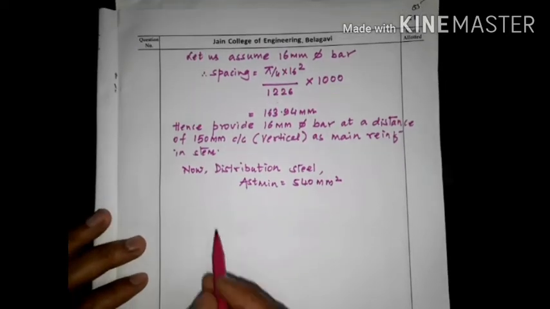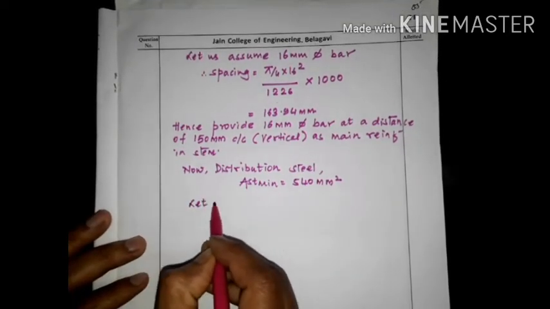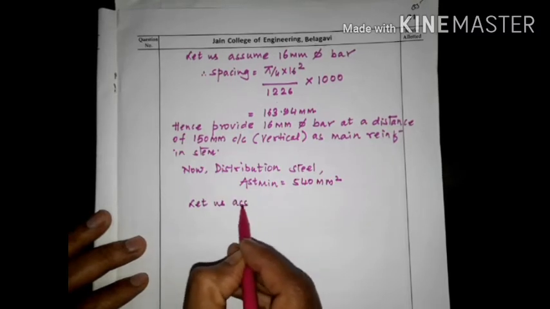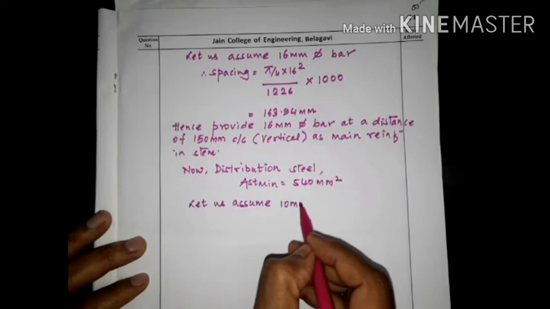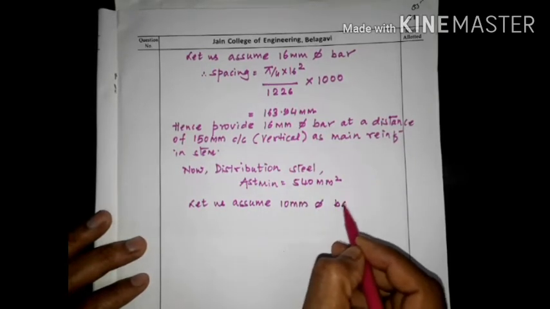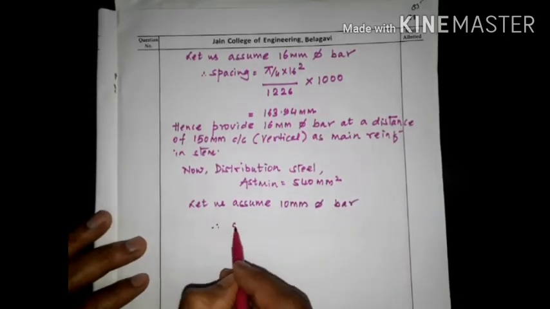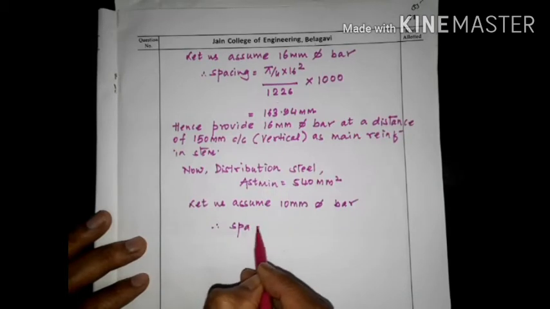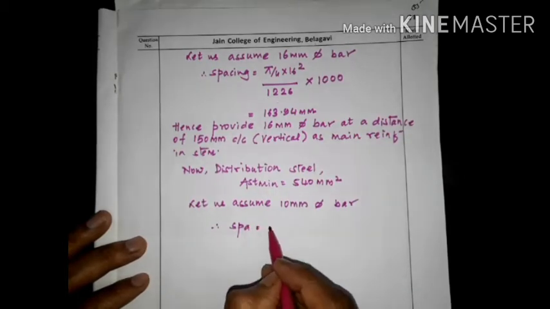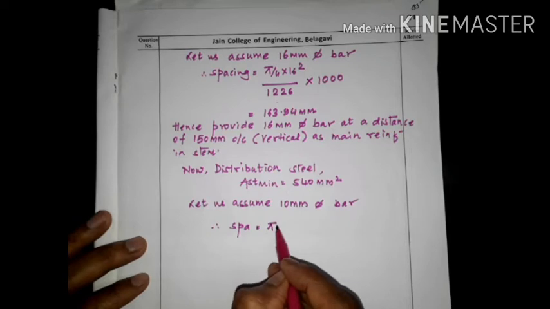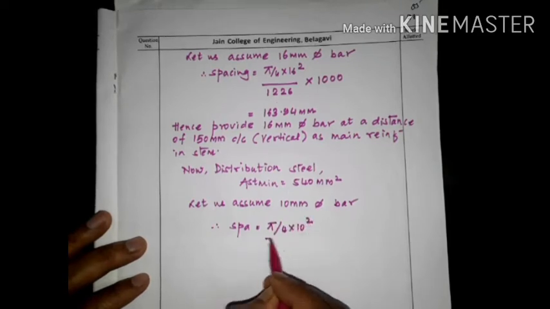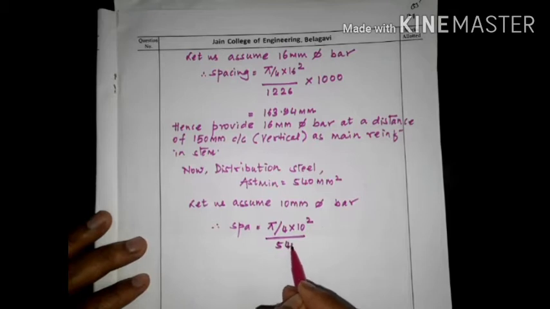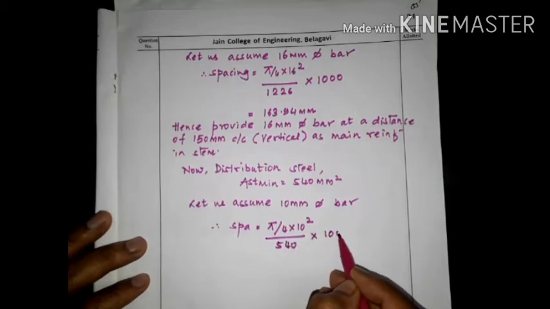So let us assume 10 mm dia bar. Therefore again spacing: area of 10 mm dia bar, pi by 4 into 10 square divided by AST 540 into B 1000.